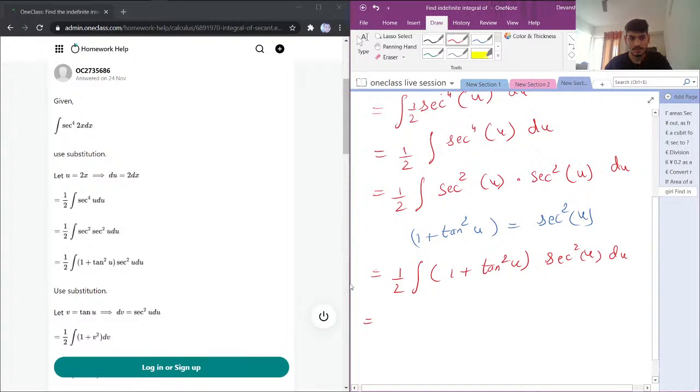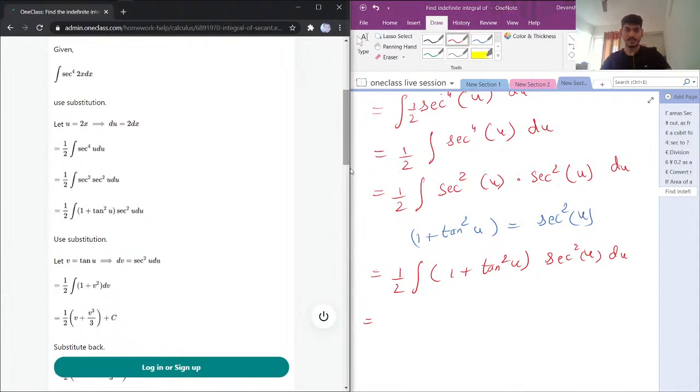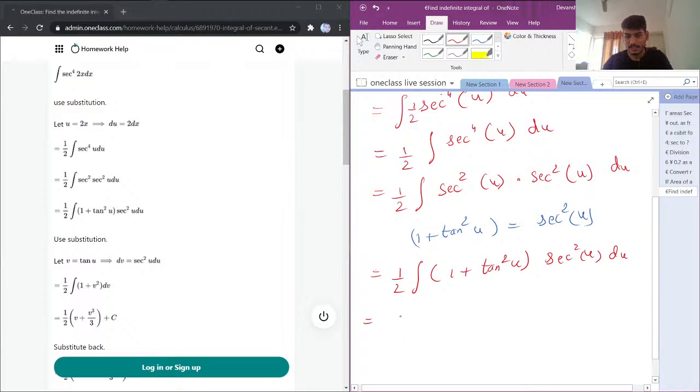Now I am going to do one more substitution. I will write y equal to tangent of u. Then my dy will be equal to secant square of u du.